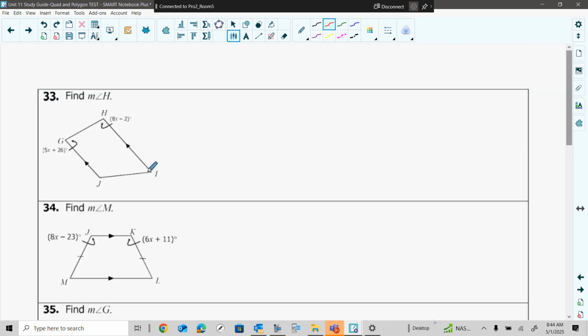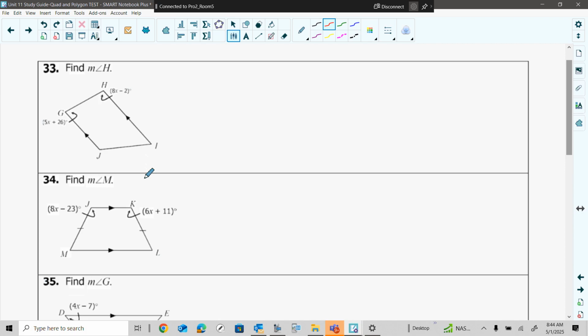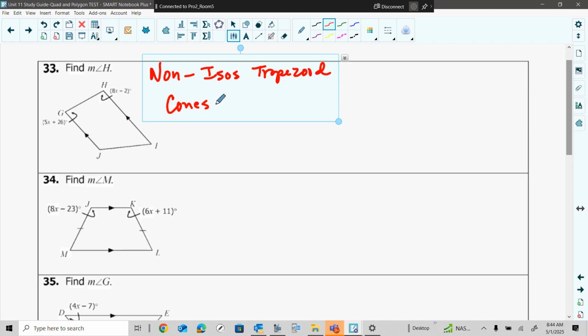So when you get to the last page here, this is non-isosceles. So that means we have consecutive angles.